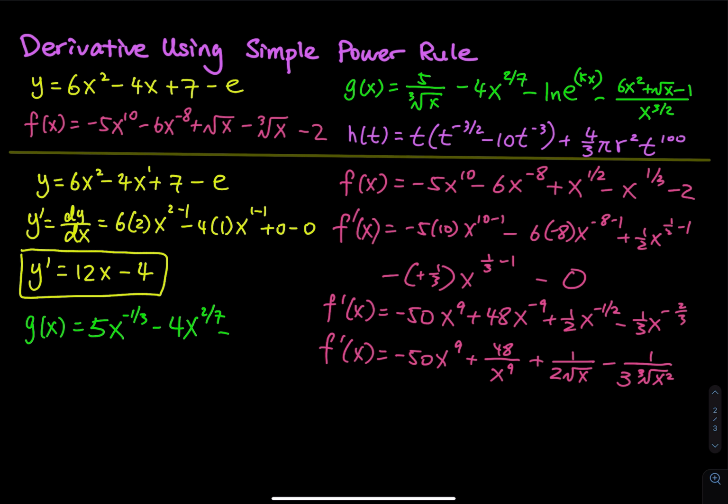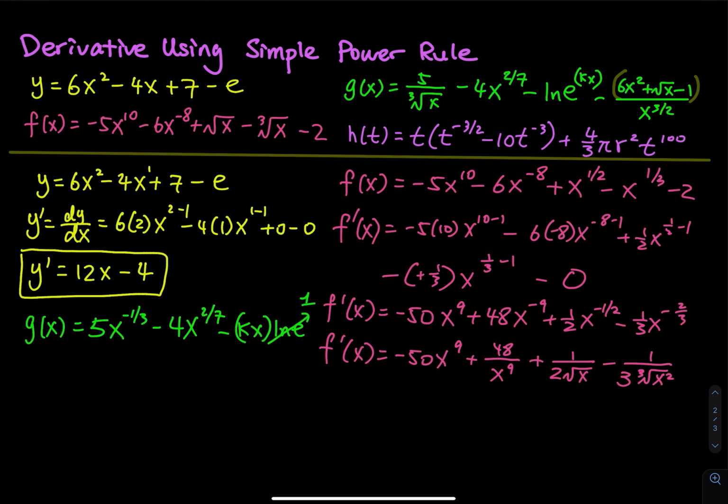So raised to kx, you can just bring the kx down to the front, and then ln of e itself is equal to 1. So this is really a constant k times x, and then the rest, you are subtracting the whole thing, so you have to distribute the minus.